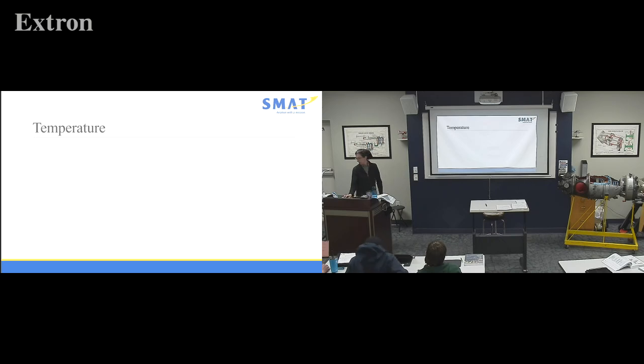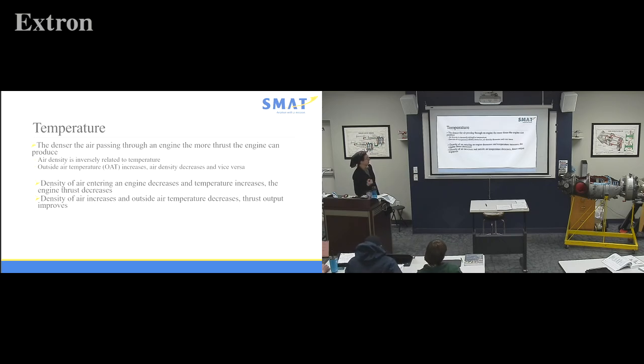And the denser that we get the air, the more thrust we get. As temperature increases, now our thrust is decreasing.